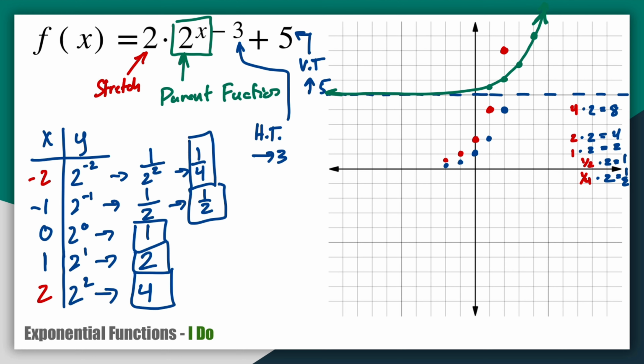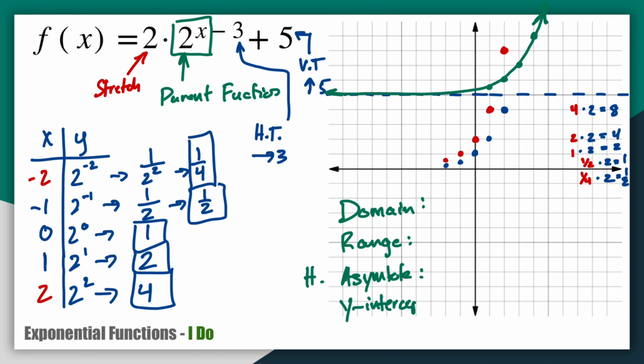Okay? Now, we have a lot of things to look at here, right? You know, we still have domain and range questions that we can ask, right? So domain. We have range. We want to see what the asymptote is, which here it's horizontal asymptote. Okay, and then we also want to know what the y-intercept is, all right? And all of these can really be looked at by observation.